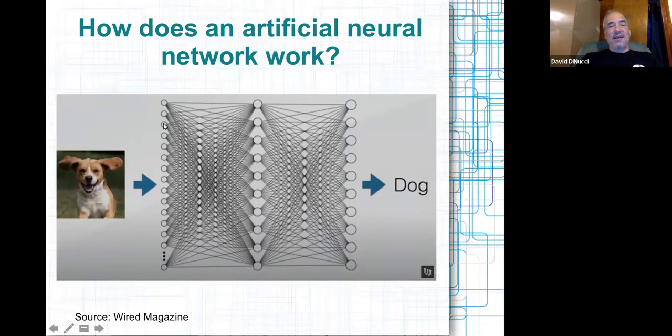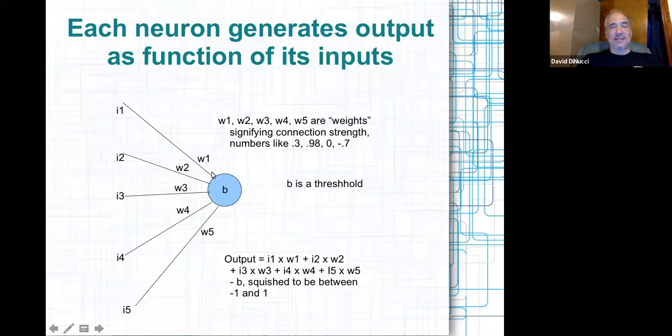The operation that takes place is this. Here is one of these neurons, and these are the lines coming into the neuron. Each line has a weight on it. So some impulse comes down the line, it gets multiplied by the weight on that line, and then it gets compared with a bias or threshold for that neuron.